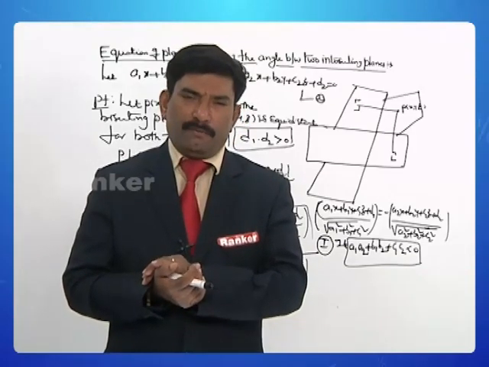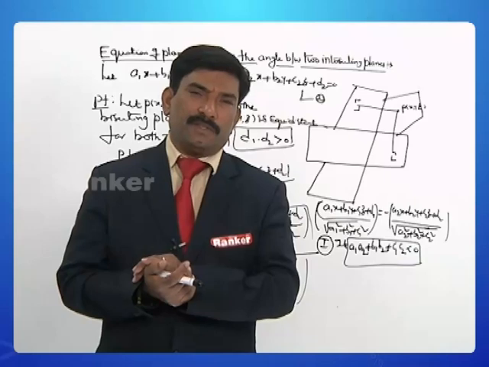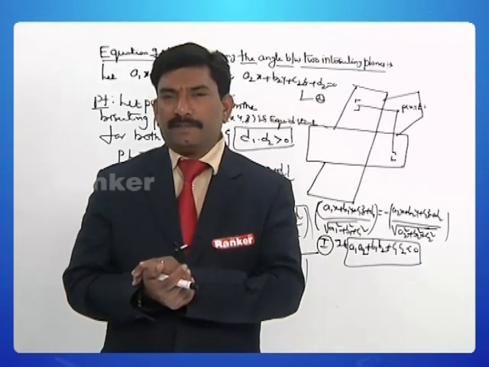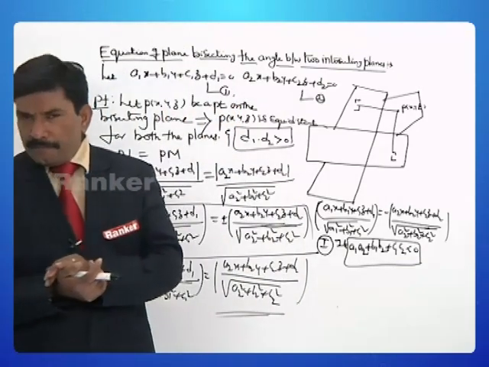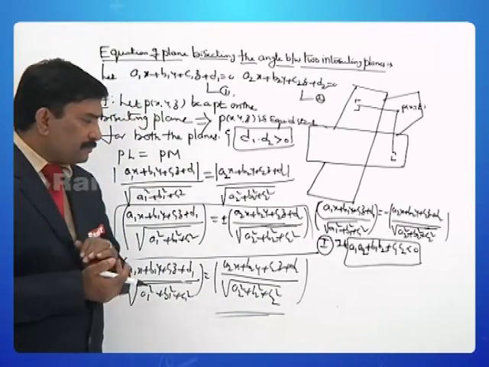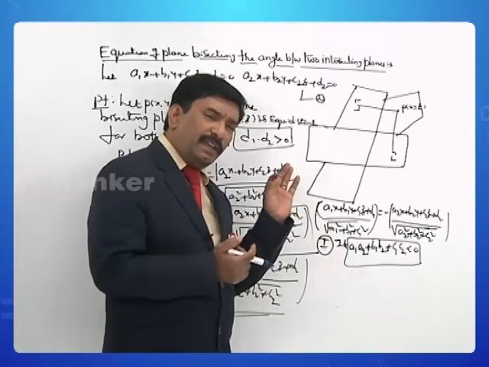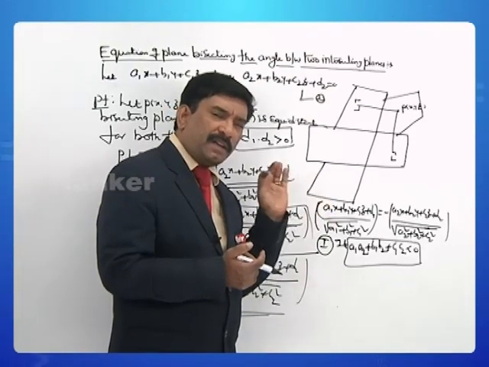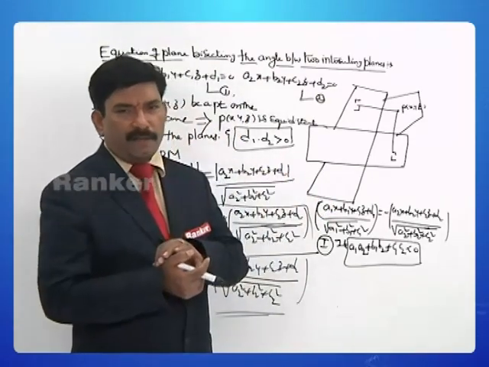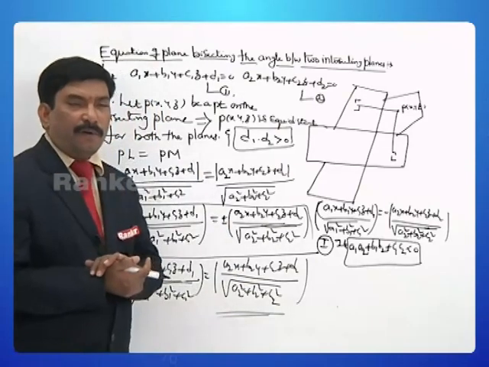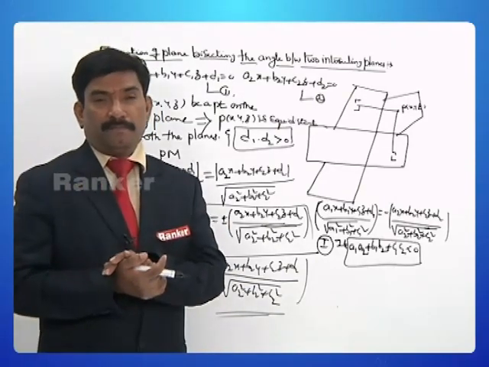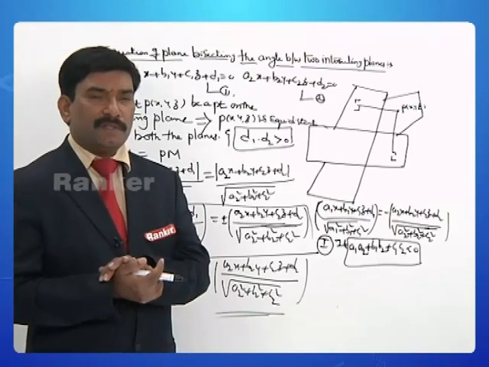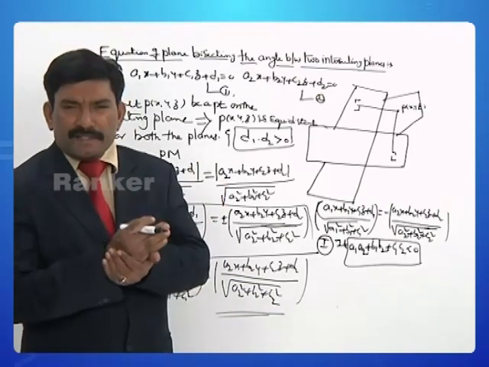Meanwhile, we can also add another question. I want the equation of the plane bisector containing the origin, which is the same as the acute bisector.